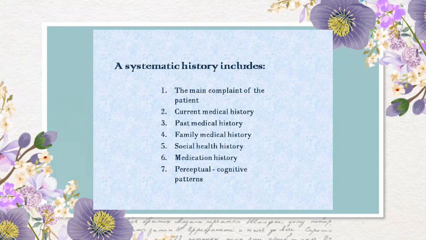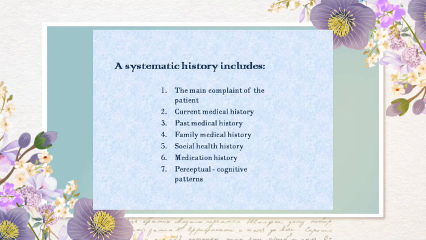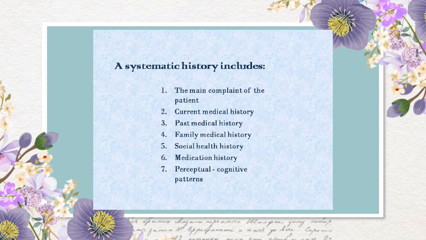A systemic history includes the main complaint of the patient, current medical history, past medical history, family medical history, social health history, medication history, and the last, perceptual cognitive pattern.